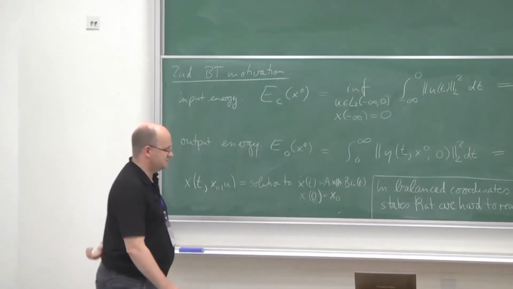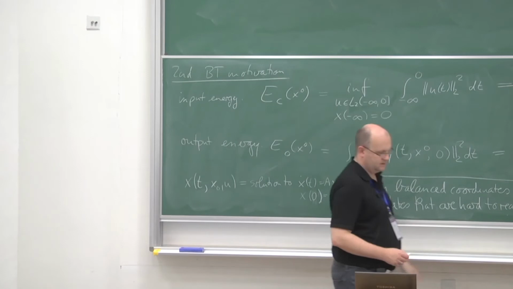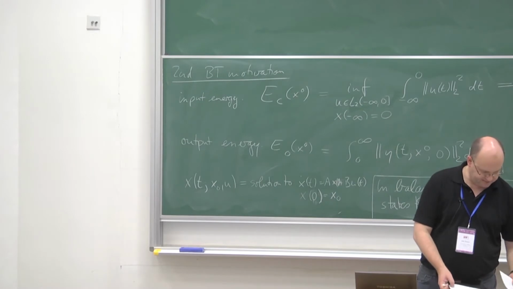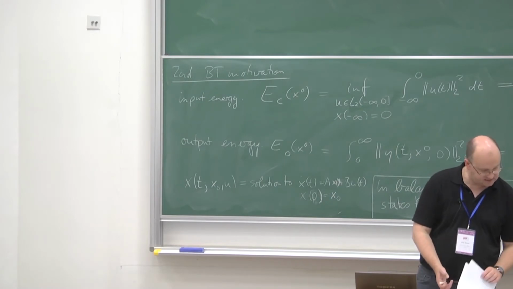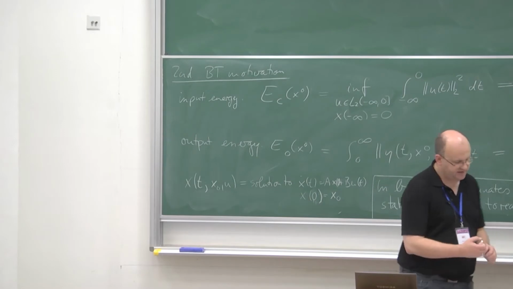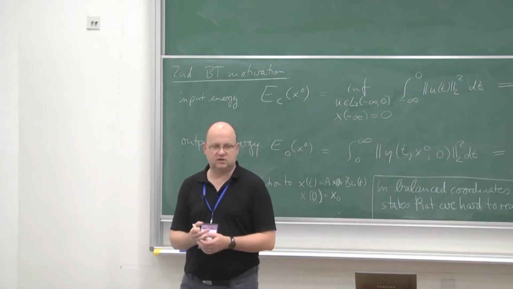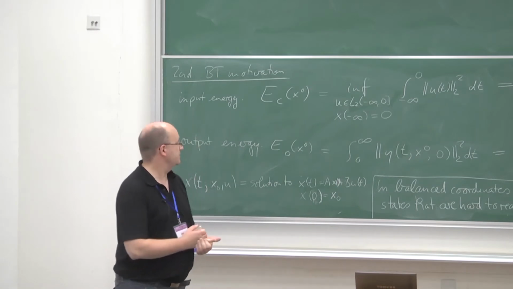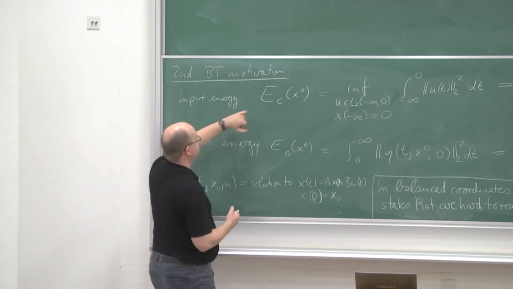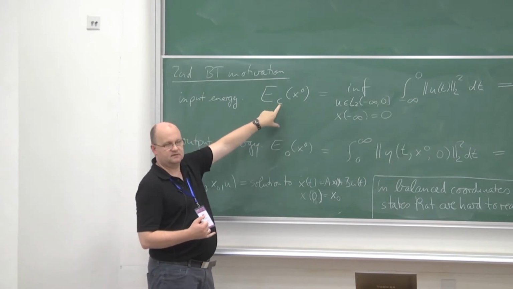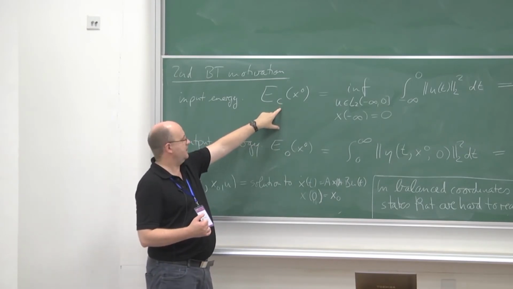So this is one way to motivate balanced truncation. I should mention here, if you're interested in nonlinear systems, that this motivation carries through to nonlinear systems. You can define these quantities in a similar way.